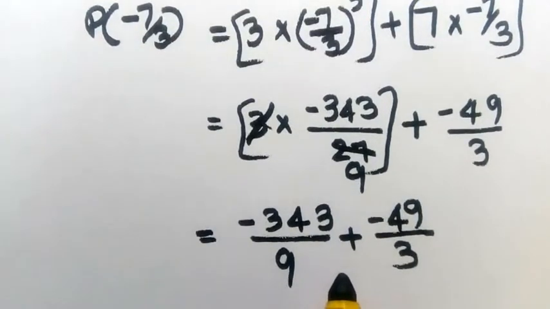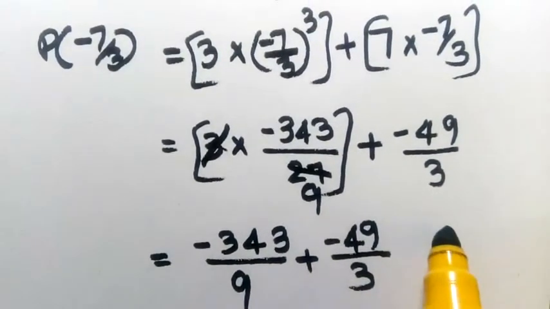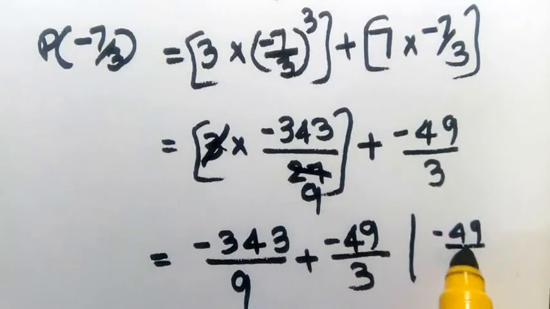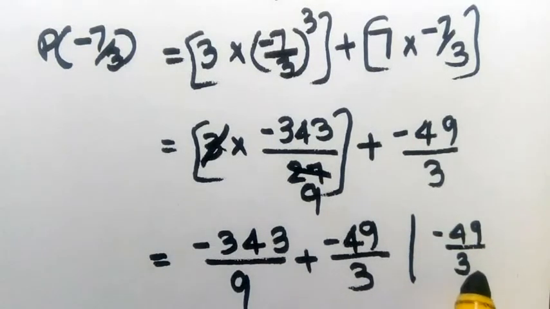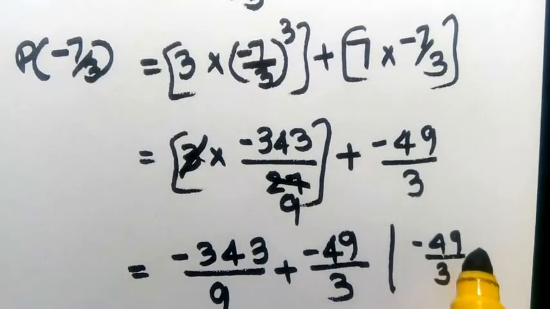Now we have addition of unlike fractions. So the easiest method is making the denominators the same, because 3 is a factor of 9. So I am doing it separately. We have minus 49 by 3. So 3 into 3 is 9. So we need to multiply minus 49 also by 3.